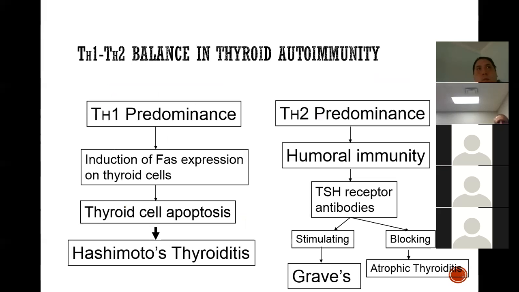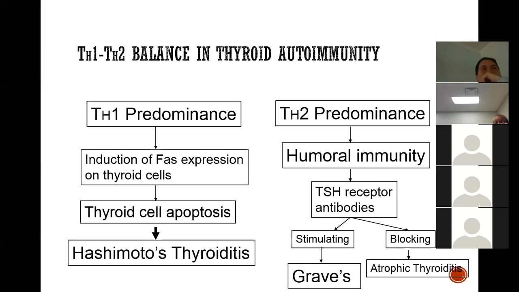So, looking at autoimmunity, the two big players are going to be Hashimoto's and Graves'. Hashimoto's is Th1 predominant, with induction of Fas expression on thyroid cells. The thyroid cells will then apoptose, and you've got destruction, and you've got Hashimoto's.